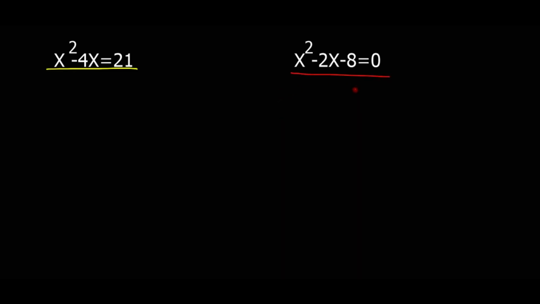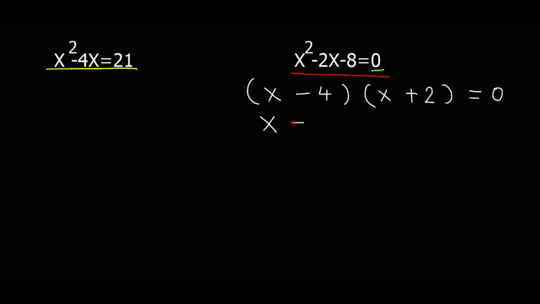For this one you can see that it is already in the standard form, because one side is in the form of ax squared plus bx plus c, and the other side is 0. This means we start by factorizing. We factorize and we have x minus 4 and x plus 2, and then from here we equate each bracket to 0.